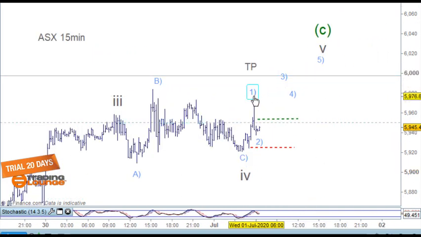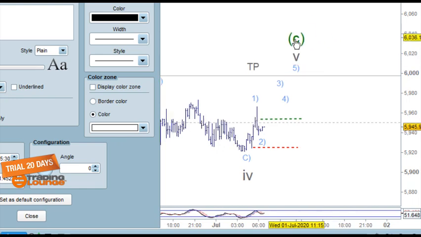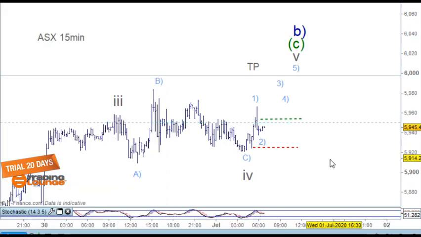So I can sharpen this up a little bit. Wave 3 will probably go to that old high, and then wave 5 will just push it up a little bit higher, of 5, of C, of B here. And as I mentioned, we'll just take profit here, and then wait and see what happens after that.